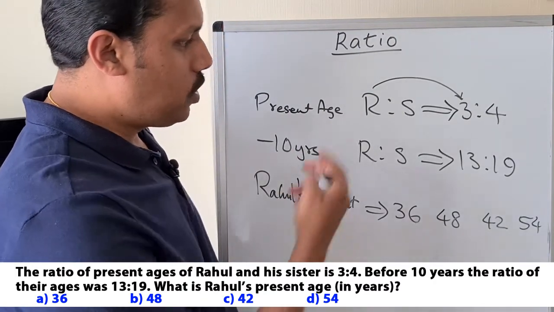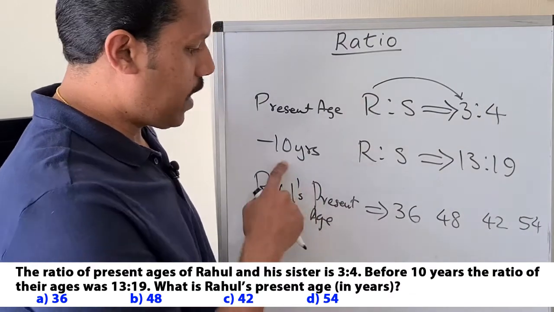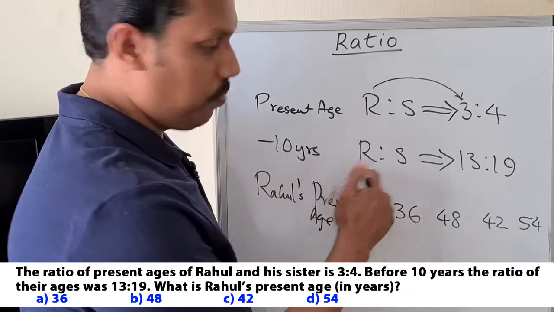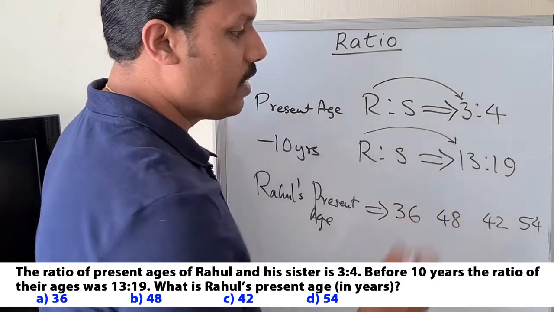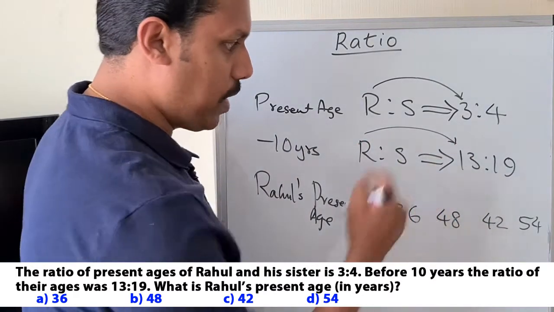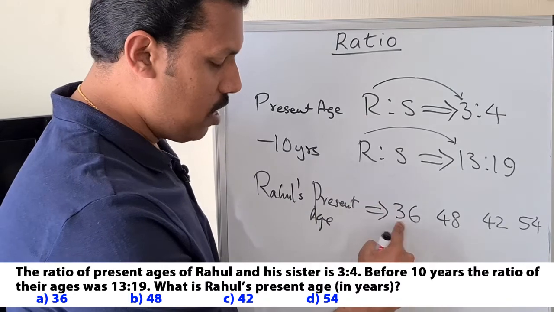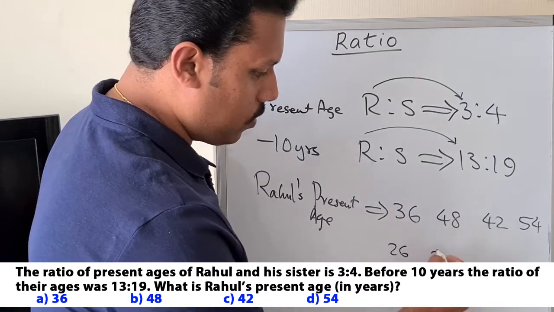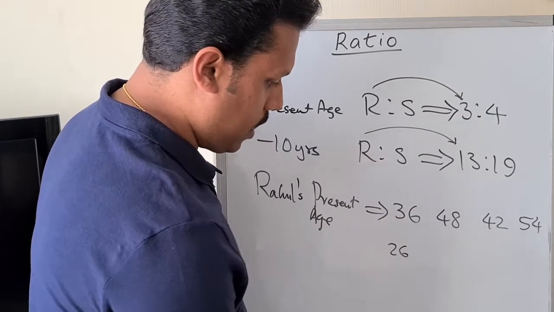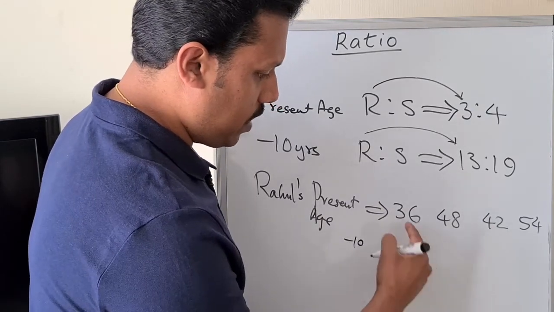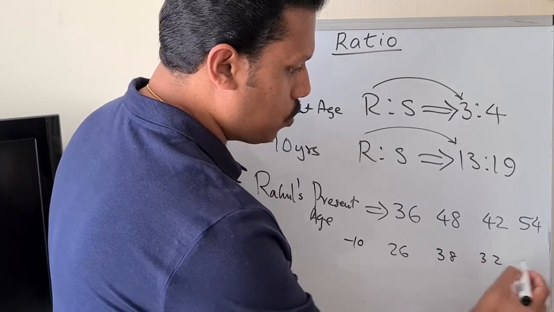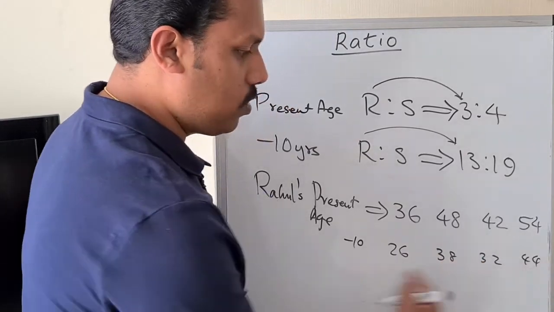Okay, let's take the next option. Look at the second condition: 10 years ago, Rahul's age is 13 times a multiple. So 10 years ago, what is Rahul's age? 48 minus 10 is 38. The others become 26, 32 and 44.